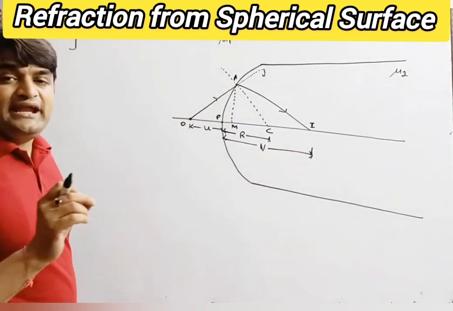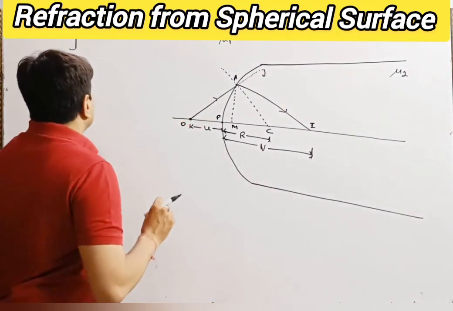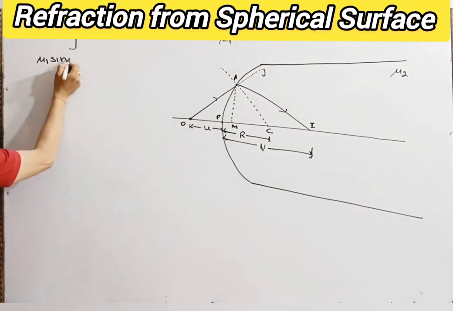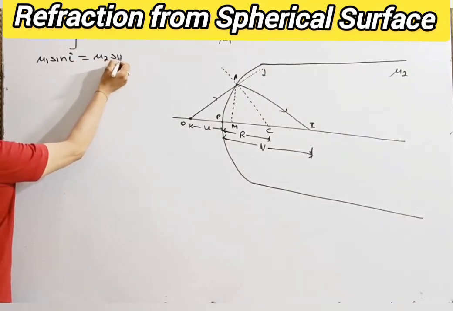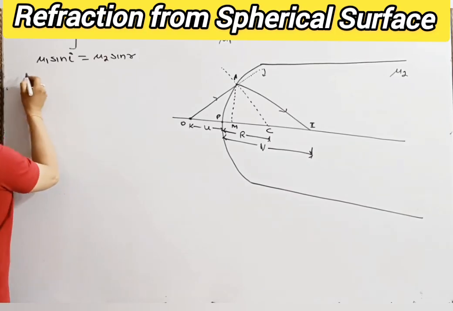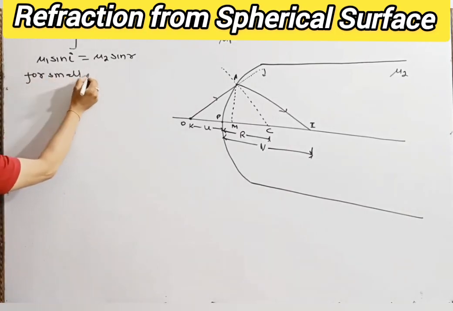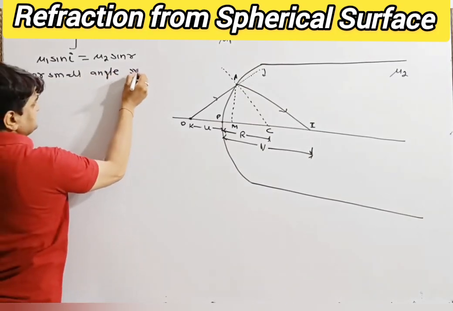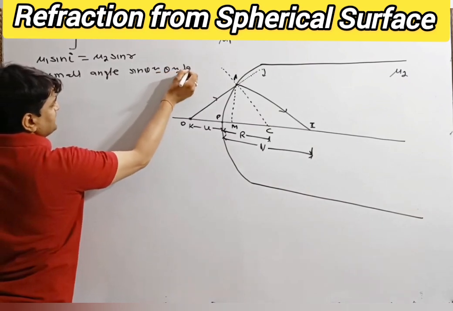This is the simple diagram. Now the main equation we are going to use is Snell's law. What is Snell's law? mu1 sine i must be equal to mu2 sine r. But for small angles, we can neglect the sine, and this is also true for tan theta.